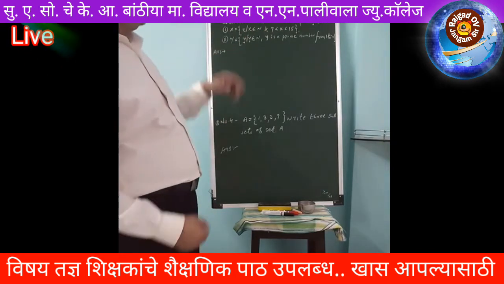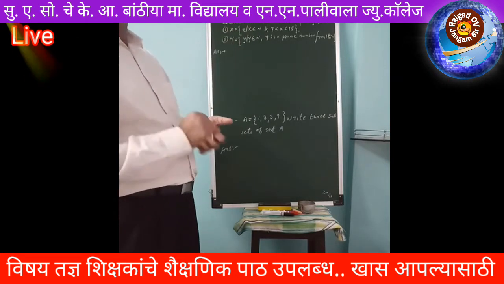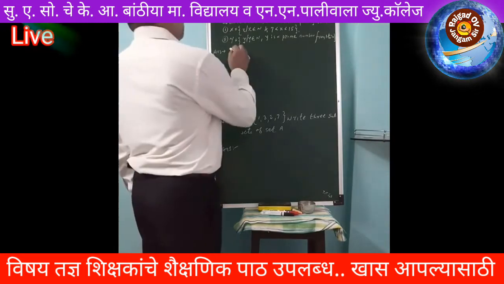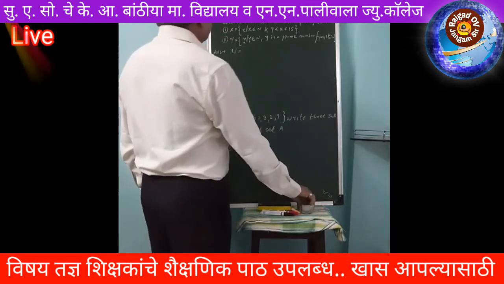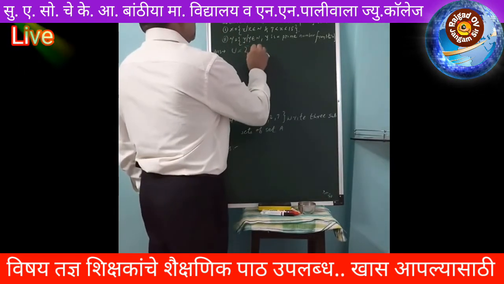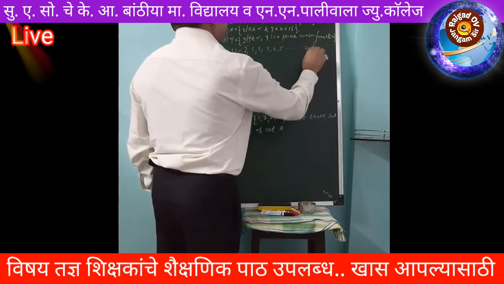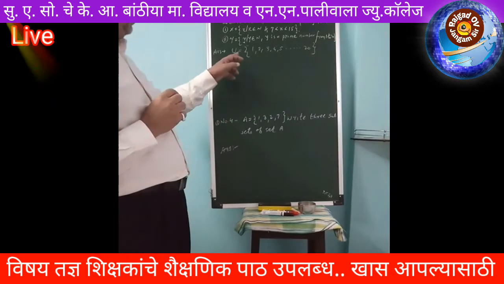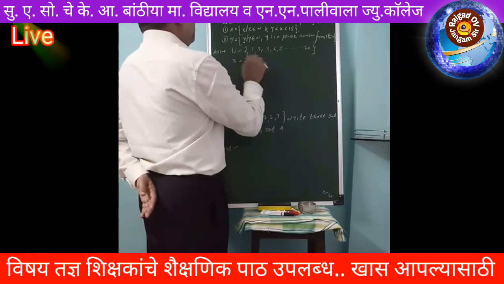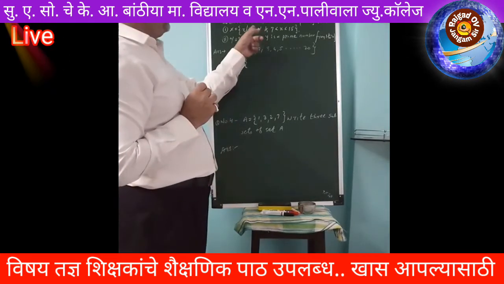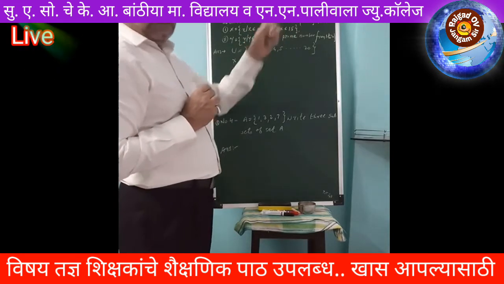First of all, you write the universal set and set X in listing method. So you write here U equals 1, 2, 3, 4, 5, up to 20. It means set U has the elements from 1 to 20, and X has the elements where X belongs to N, that is, X is a natural number between 7 and 15.